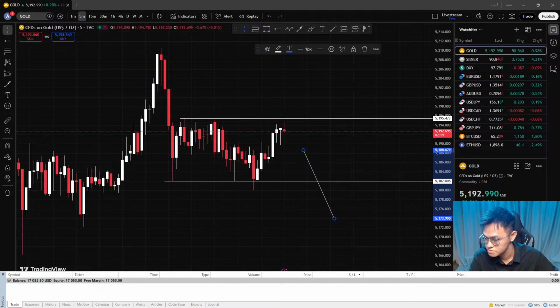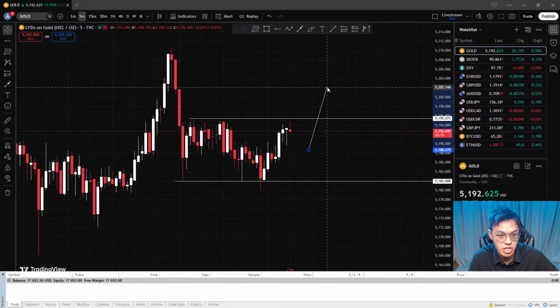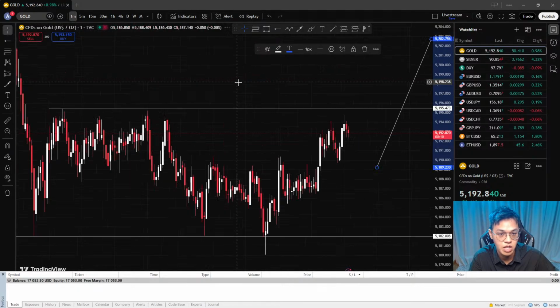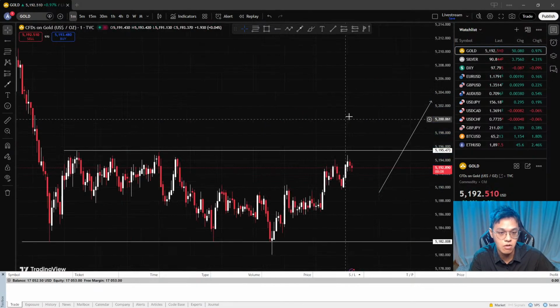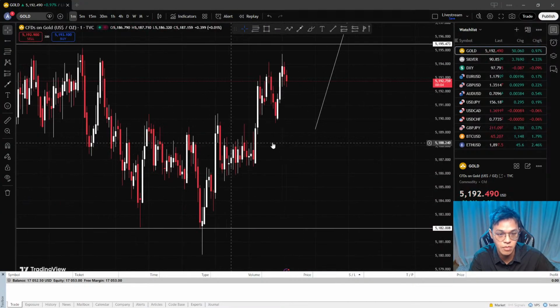So what I'm waiting for is this confirmation if I want to buy. And if you look at the one minute chart, the M1 chart, here is the uptrend structure.